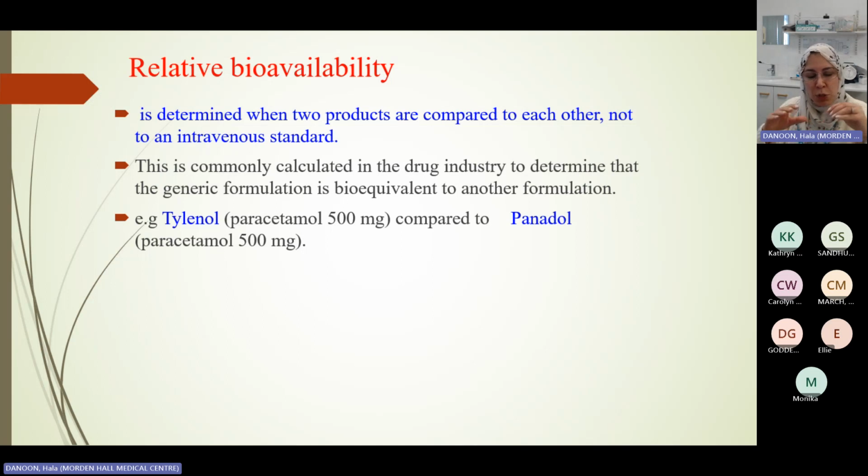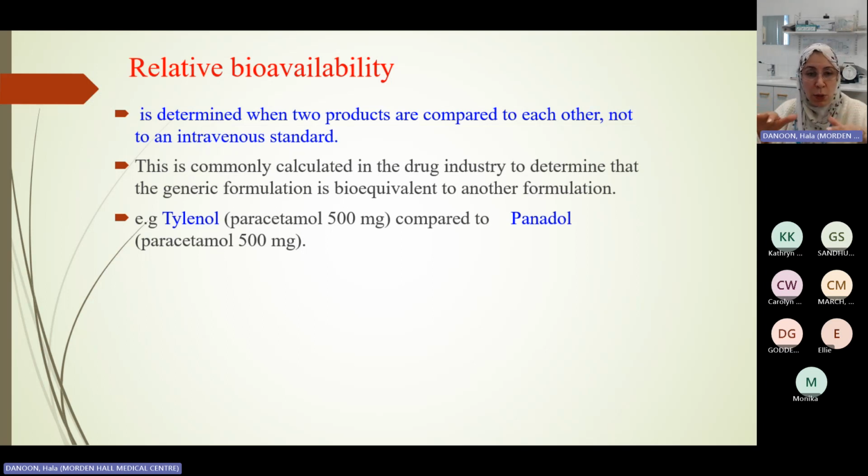So for example, if we have two different brands of the same medication, for this one we have the Tylenol and the Panadol. They're both paracetamol, but when we do the testing and we look at the amount of this drug in the bloodstream, we compare both medications together, and that's probably why sometimes you will have patients saying that this medication is working a lot better than the other.